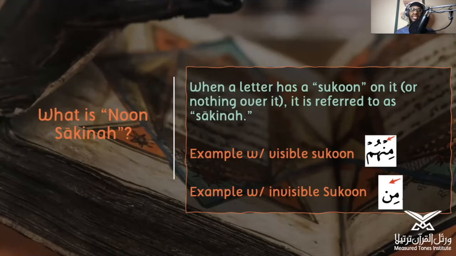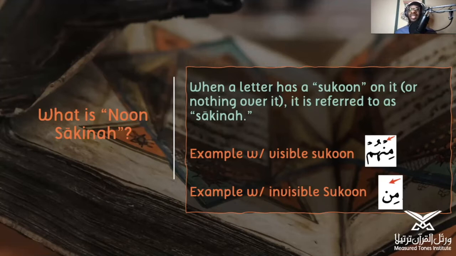When a letter has sukoon, simply put, this is very simple. When a letter has a sukoon on it, and I'm sure all of us know what a sukoon is, right? It is referred to as sakina. Now, another way that a letter can be sakina, or having a sukoon, is to have nothing over it at all whatsoever.